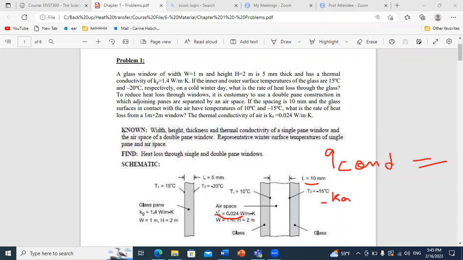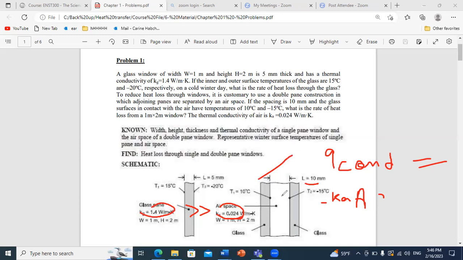And you can see the difference between air conductivity and glass conductivity. The conductivity of air is much lower than glass conductivity, so you will increase the resistance of your window to heat transfer. So minus K air times the area. The area is the same. It is the cross-sectional area of the window times dT by dx.